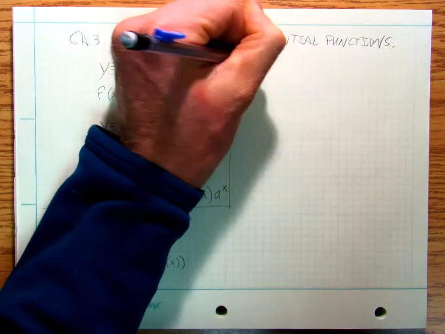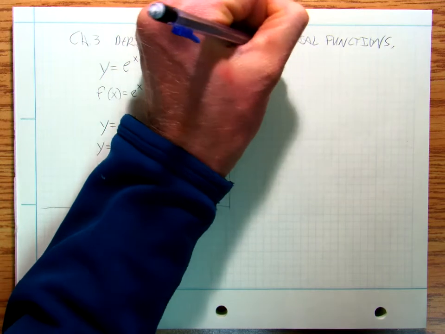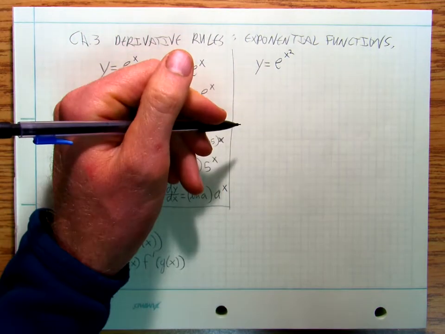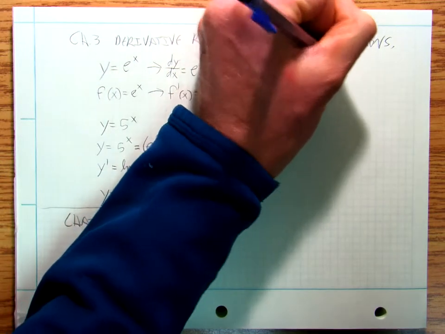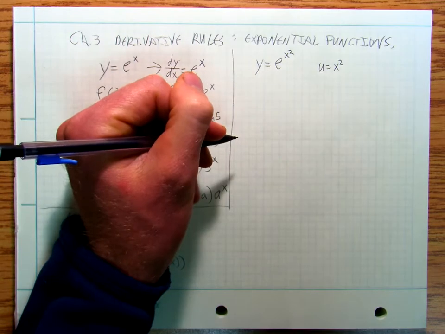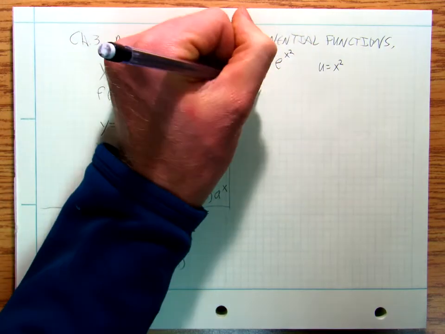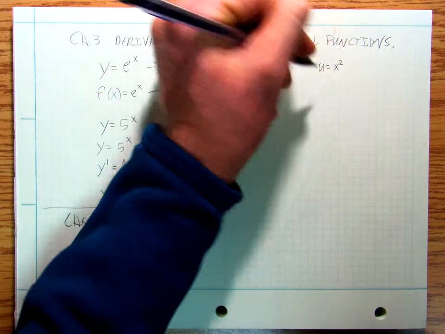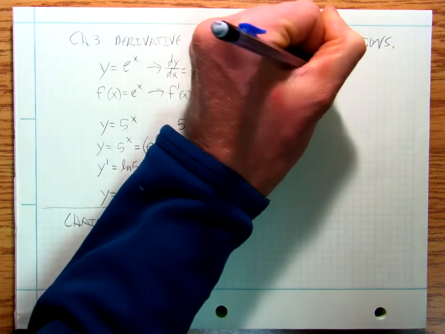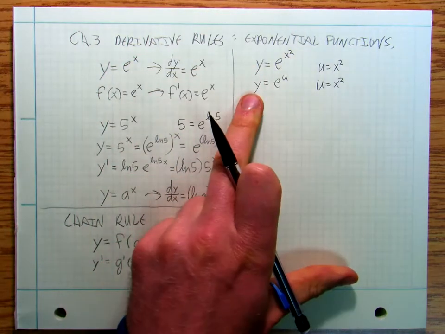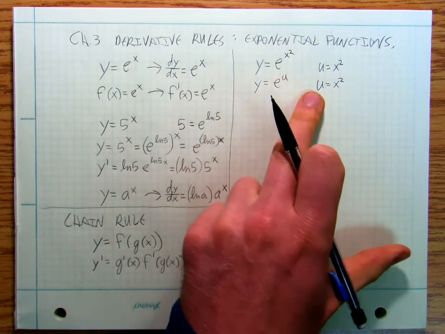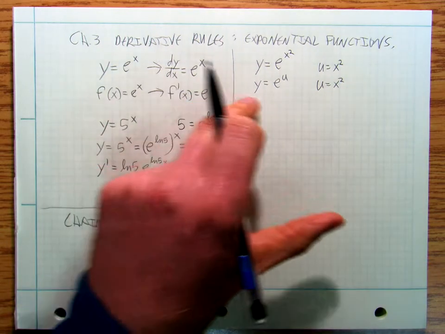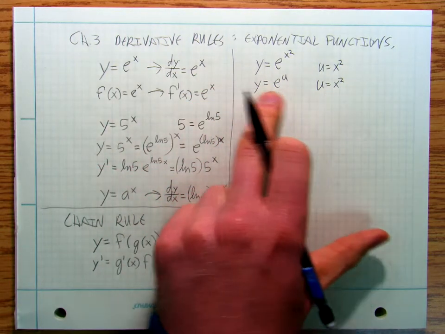So suppose I've got y equals e to the x squared. The way that I'm going to use chain rule on this is I'm going to say u equals x squared, and then I'm going to say that y equals e to the u. Let me just repeat this so that it's all on the same line. So y equals e to the u, and u equals x squared. And then here, I'm not going to say dy/dx.